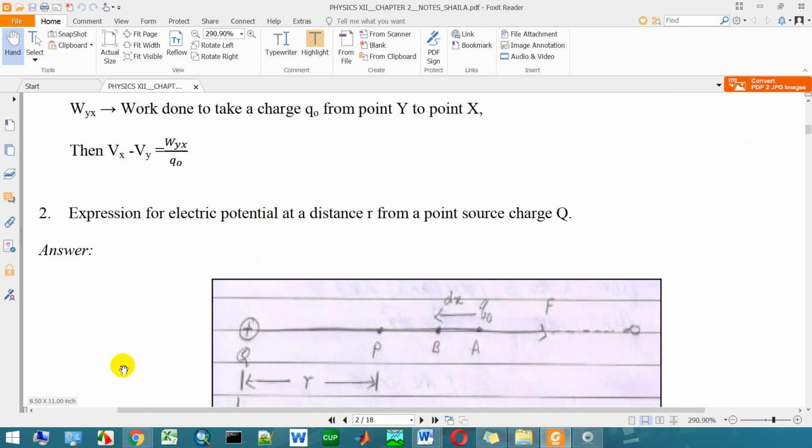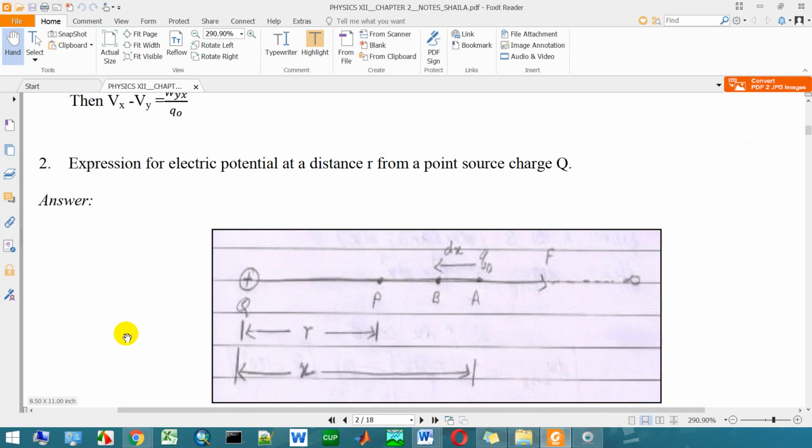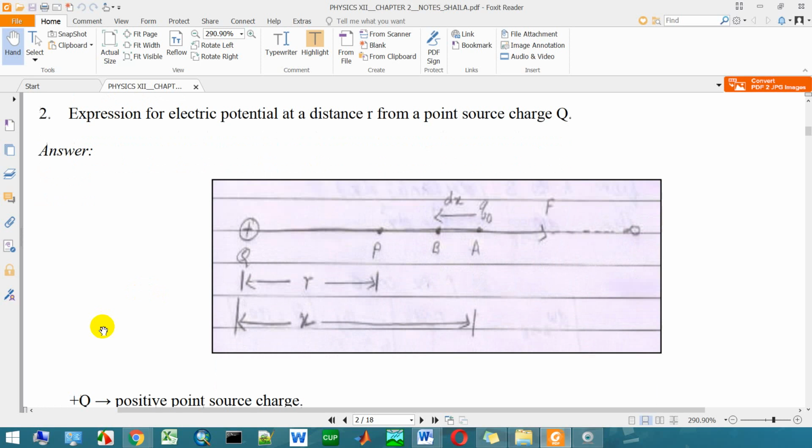The second question is how to represent electrostatic potential at a point in terms of the source charge Q, as given in the diagram.